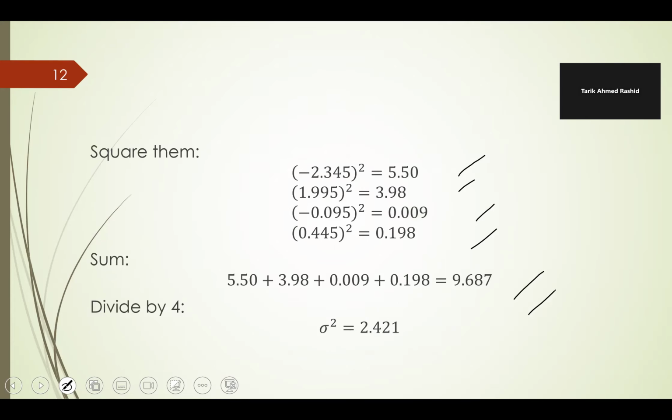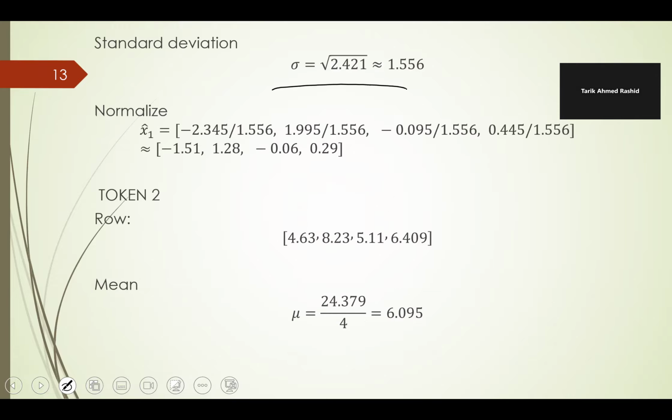We get 9.687, and divide by 4 because we have 4 elements in the row. So we get the variance, and the square root of the variance is 1.556.